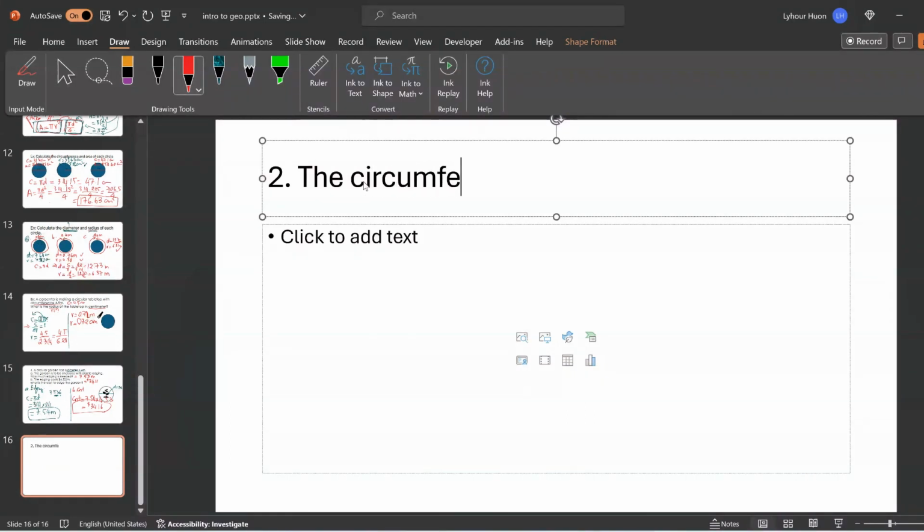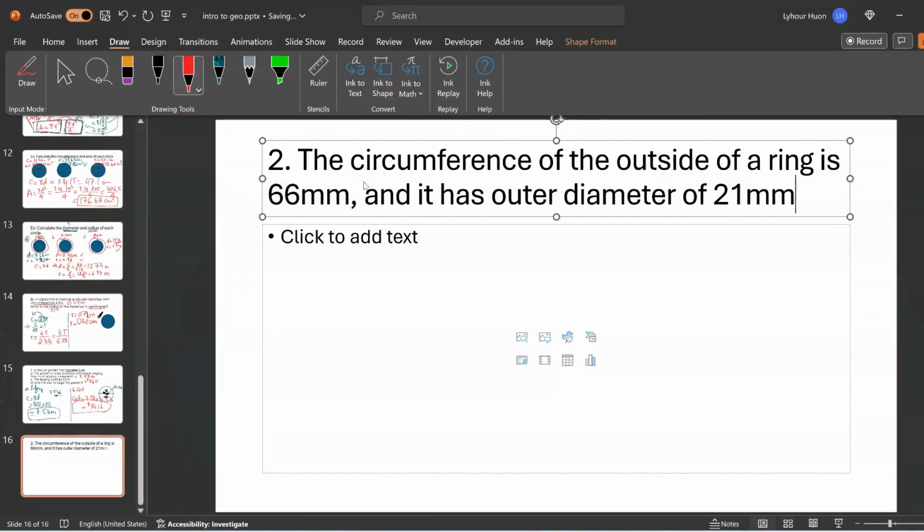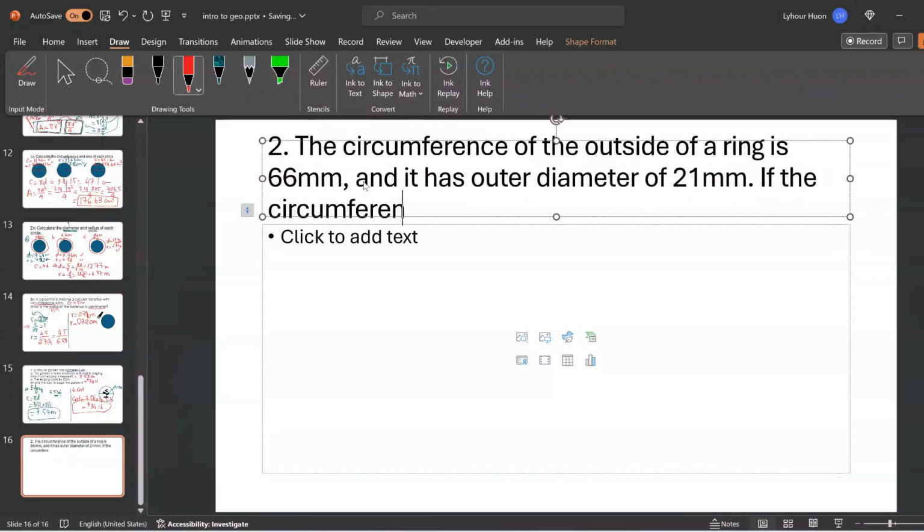So the circumference of the outside of a ring is 66 millimeters, and it has an outer diameter of 21 millimeters. If the circumference of the inside of the ring is 50 millimeters, what is the inner diameter of the ring?